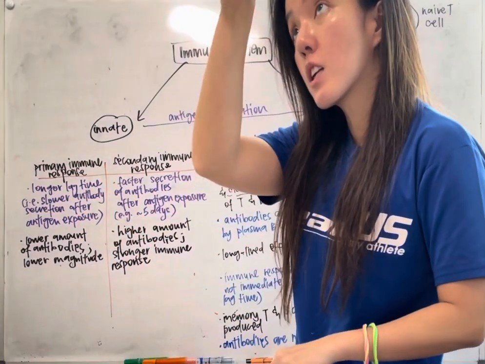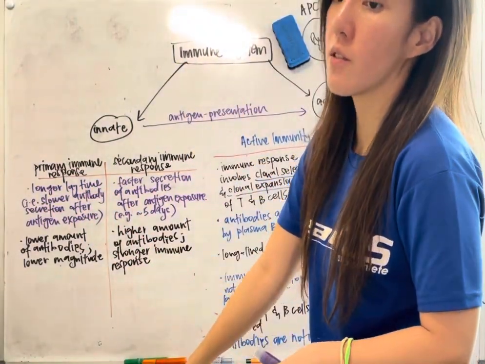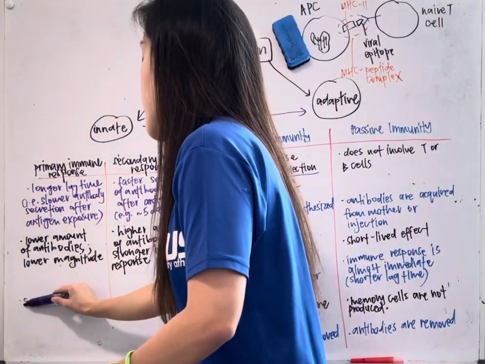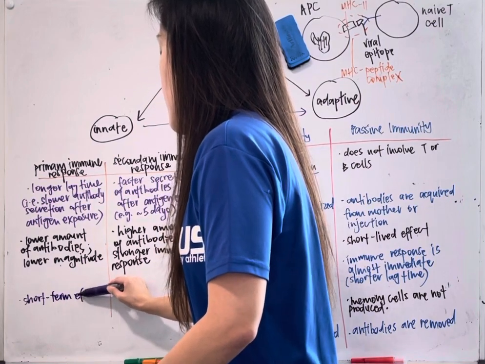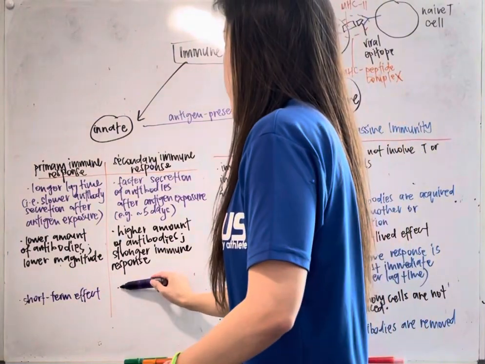The last one you can look at in your graphs is the effect of this immune response. You should know already this is definitely a short-term effect. This one is a prolonged effect.